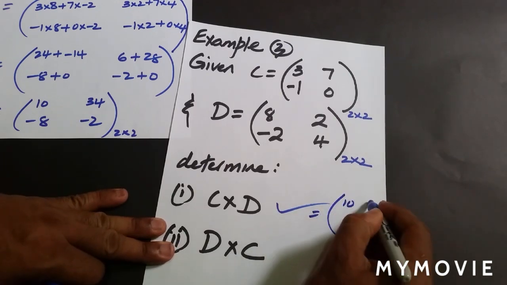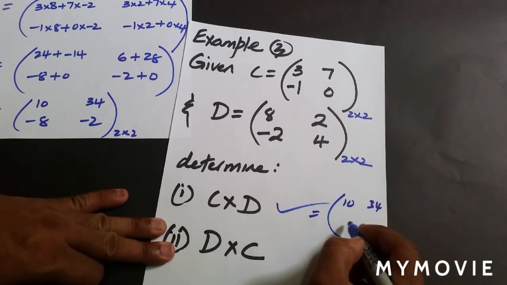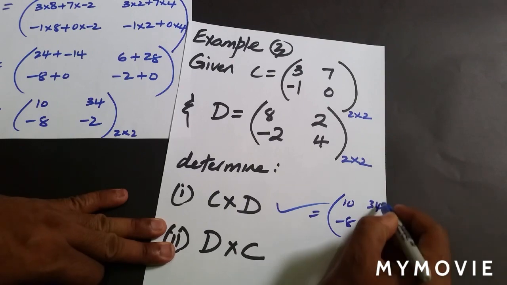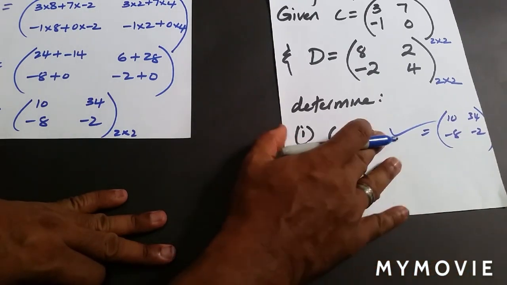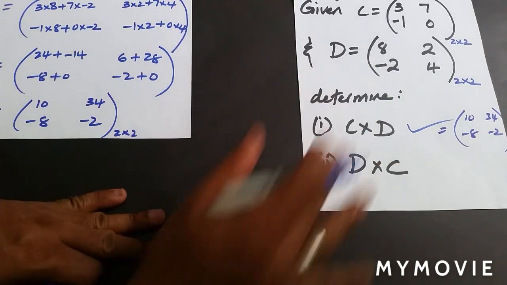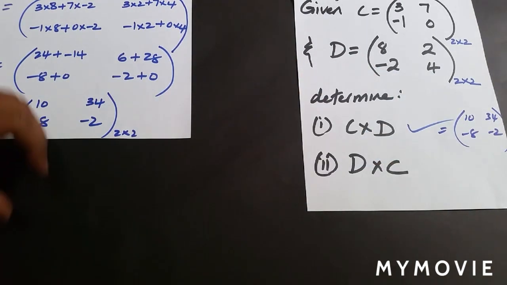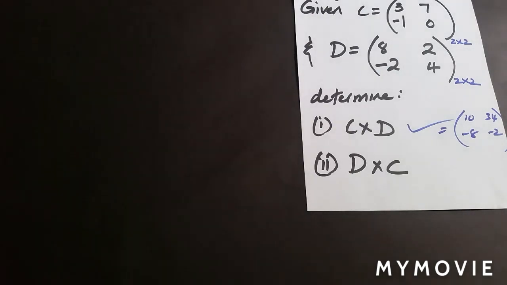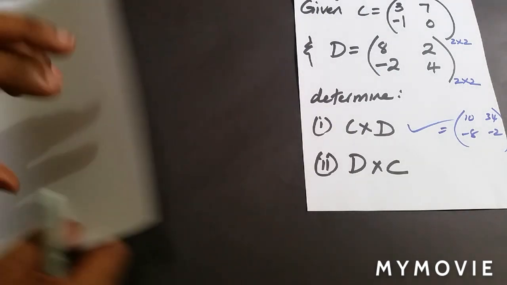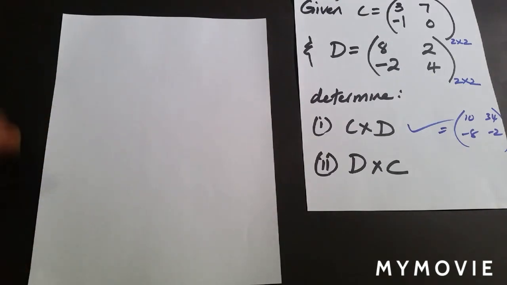We got 10, 34, minus 8, and minus 2 for that answer. I'm just going to put this over here so we can use it as a reference point when we get the answer D times C. And you can tell me whether I get the same thing or not. So let's move on to this part of the question now.